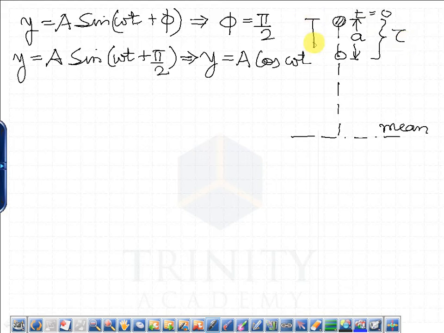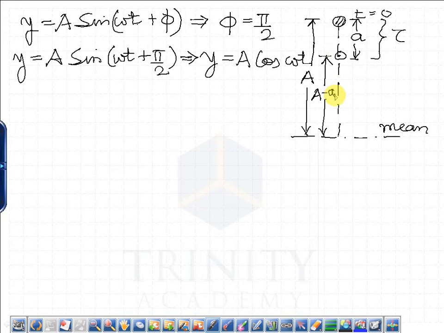If this is the amplitude, then we can say that the position of the particle from the reference is a minus a. So the position of the particle is a minus a after time equal to tau.